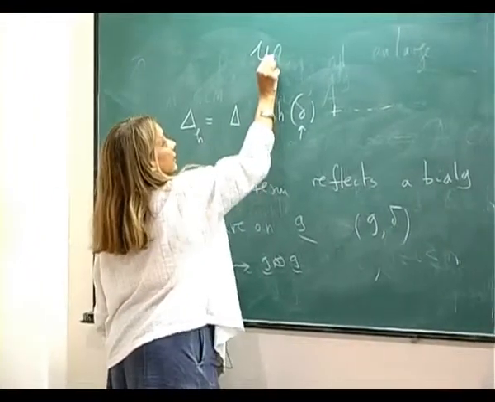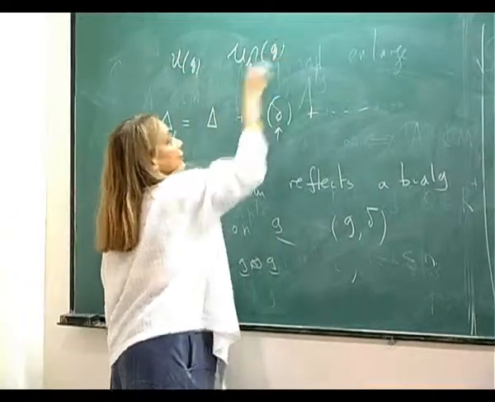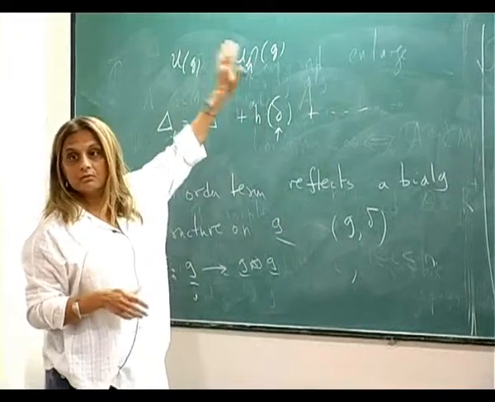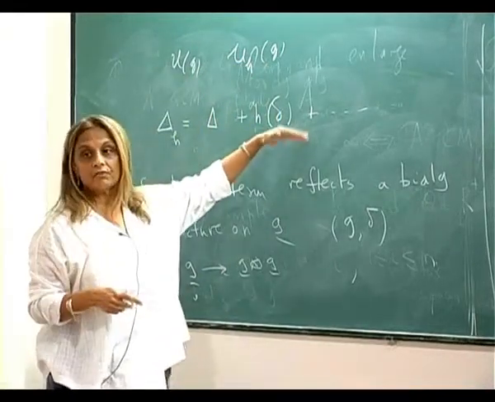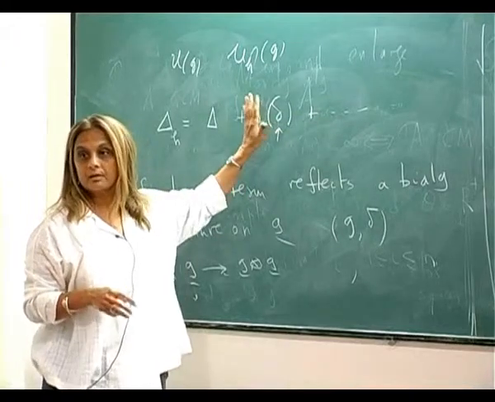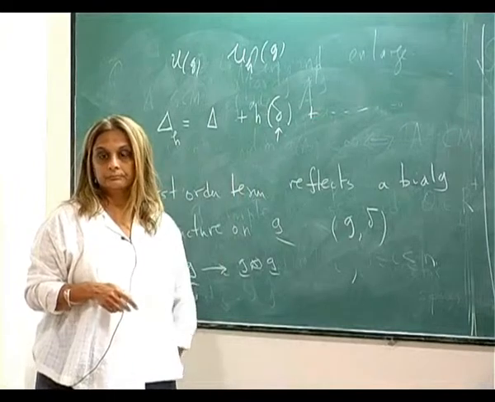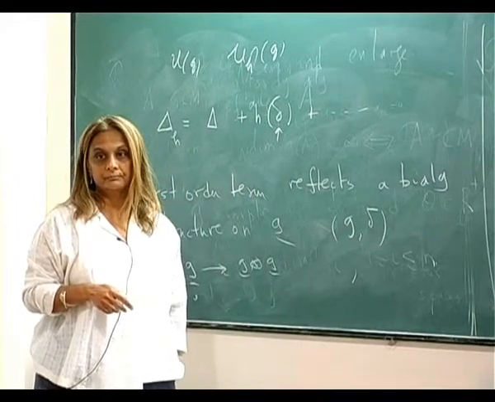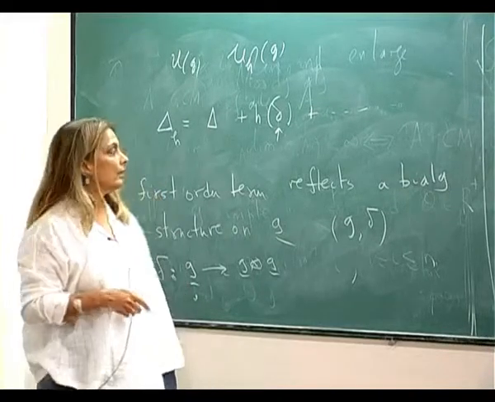If you want to deform UG, then you're looking for an algebra UHG such that as H goes to 0, this becomes UG. And you want the co-multiplication to have this property so that the first order terms come from delta. Exactly. I think in your book you've got a formula for this identification. That's right, in the case of, say, the quantum group of SL2, but you're saying even in the affine SL2.